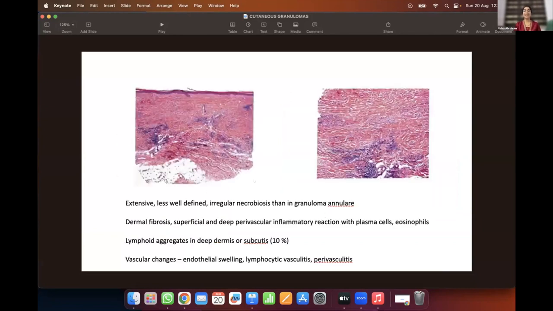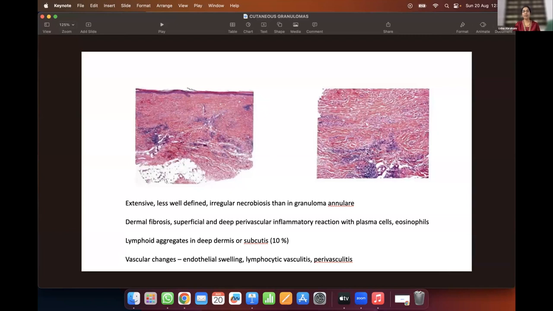Now what do we see in the histopathology? Here we're seeing that this lesion is involving the entire thickness. So we have a thinned out epidermis, and the lesion is involving the entire thickness of the dermis reaching up to the subcutis. So there will be dermal fibrosis, and you can have superficial perivascular infiltrate, deep perivascular infiltrates, along with lymphoid aggregates.